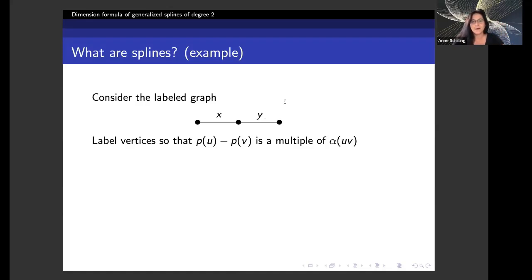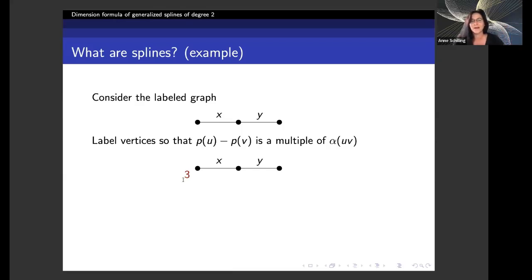And now we want to label the vertices. If we want to get a spline, we want to label the vertices such that the difference between two adjacent vertices is a multiple of the edge label. For example, I could pick for my first vertex just the number 3. Let's say we are working over C, the complex numbers, with x, y.